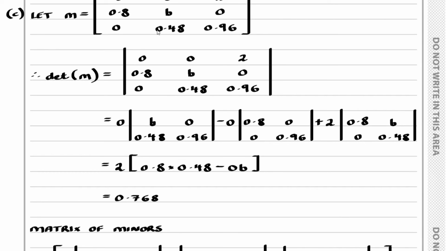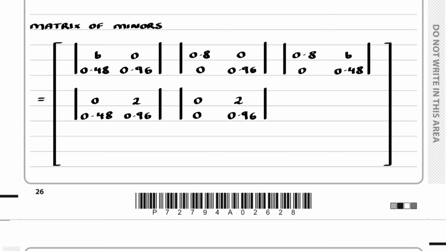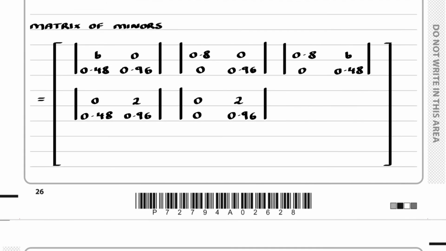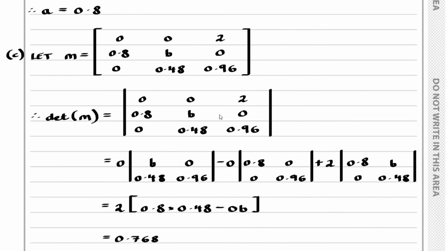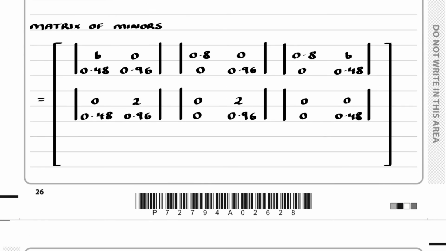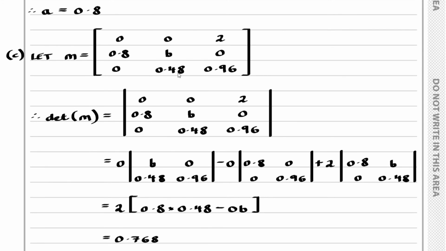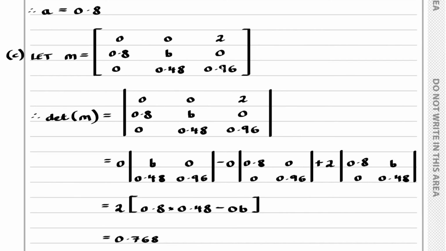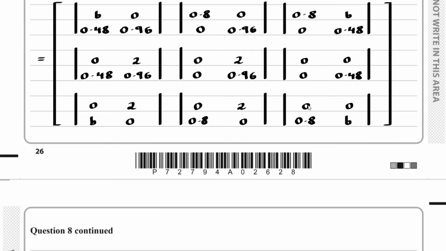For the next, the determinant of 0, 2, 0, 0.96. For the next, the determinant of 0, 0, 0, 0.48. For the next one, I've got 0, 2, B, 0. For the next one, 0, 2, 0.8, 0. And for the next one, 0, 0, 0.8, B.